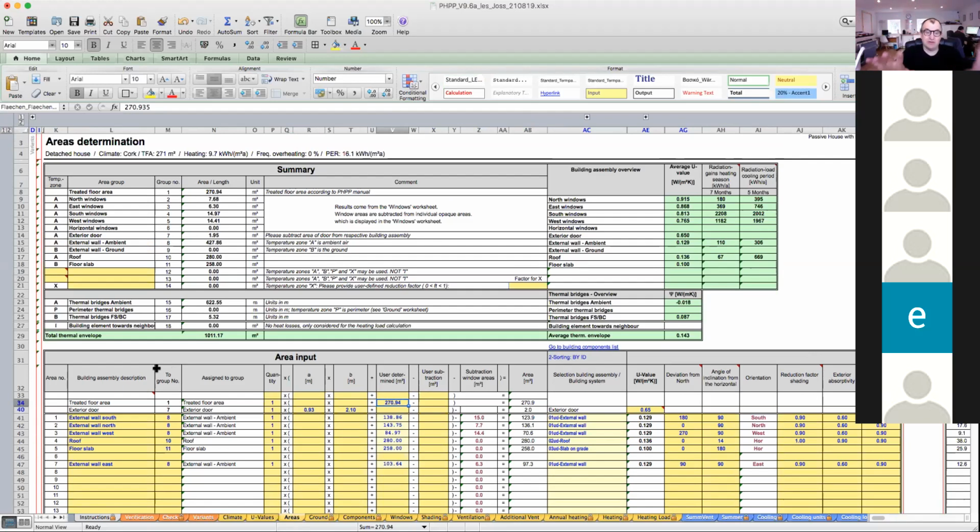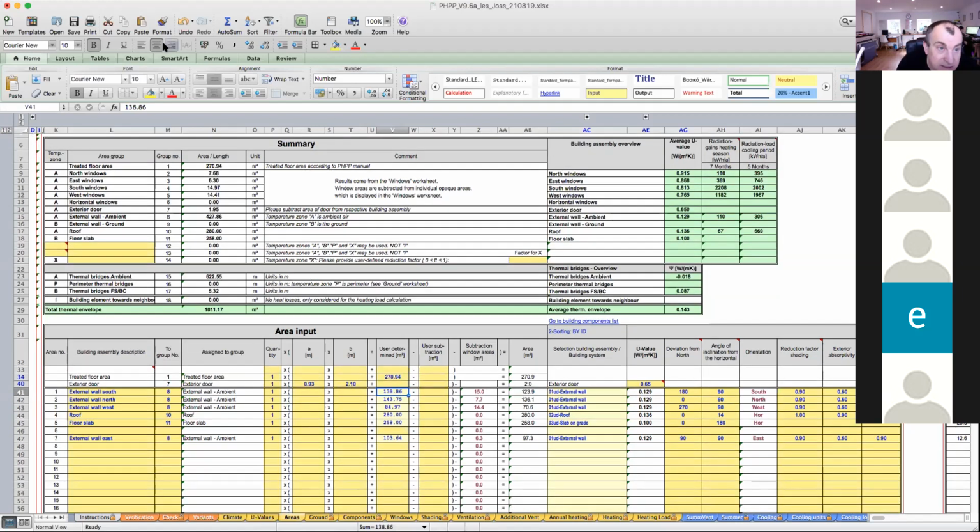This is now doing it automatically for you rather than you getting a calculator out. So for example, on the south elevation I have a user determined value of 138 meters of wall. I can change that to 150 meters of wall, and it automatically updates the calculations.